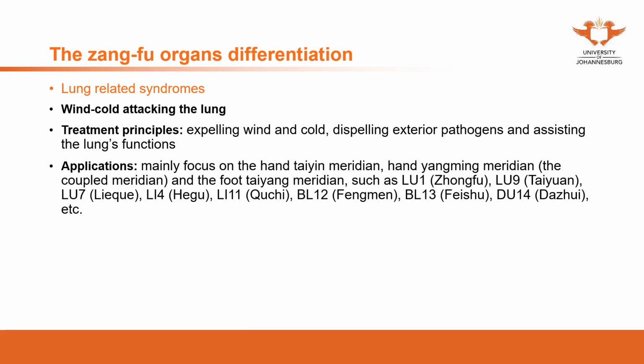Bladder 13, Feishu, fei is the lung, is the lung's transport acupoint. The other, Bladder 12, Fengmen. Feng is the wind. Men is gate. So this is the gate of the wind. We're going to focus on the wind. We're going to focus on the organ.